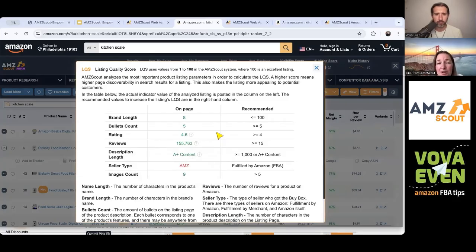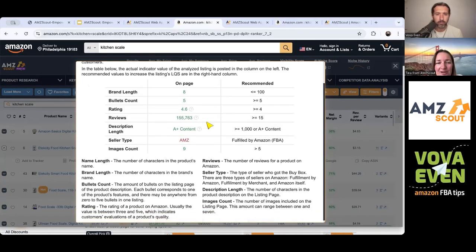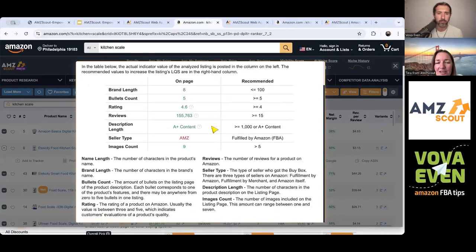It also explains the best you can do for your listing: name your brand, have 5 bullets, a good rating, a good number of reviews, A+ content, be FBA, and have a big image count, more than 5. And it gives the definitions for these things.